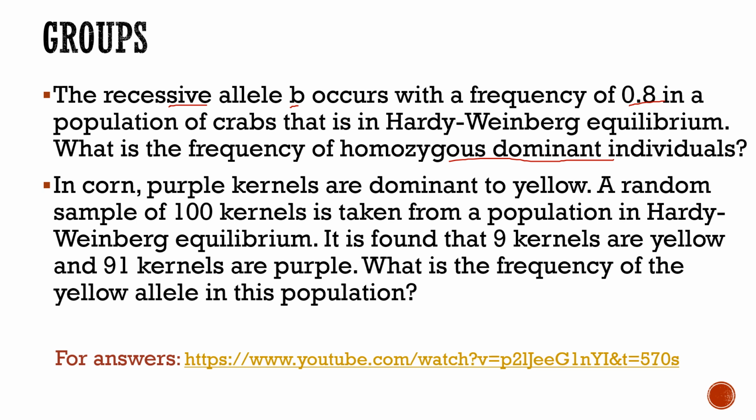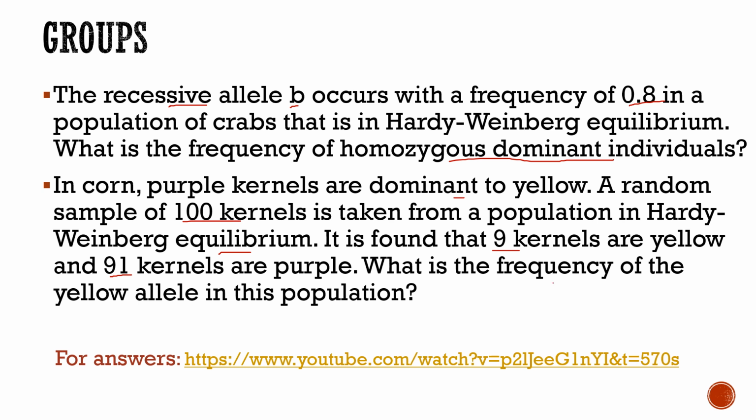And then a slight twist on that, another way of using it. In corn, purple kernels are dominant to yellow. A random sampling of 100 kernels is taken from the population, and we're saying we do have equilibrium, so there's no evolution at this point. We found that 9 kernels are yellow and 91 kernels are purple.